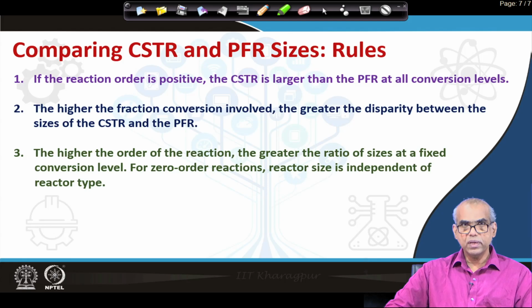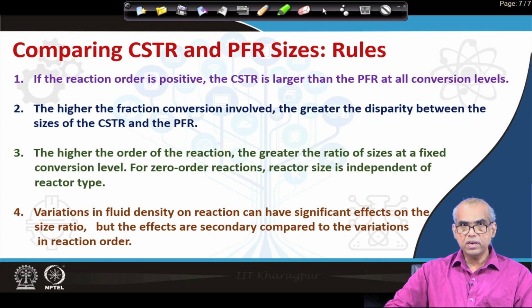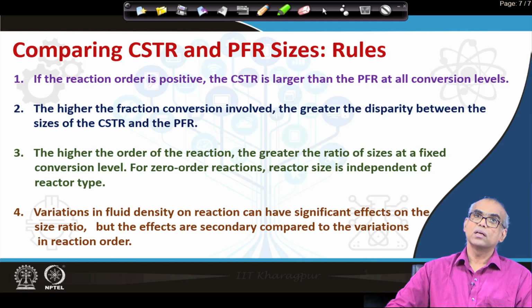The higher the order of the reaction, the greater the ratio of the sizes at a fixed conversion level. For zero order reactions, reactor size is independent of the reactor type. Variation in fluid density on reaction can have significant effects on the size or the size ratio, but the effects are secondary when this is compared against the variations in reaction order.